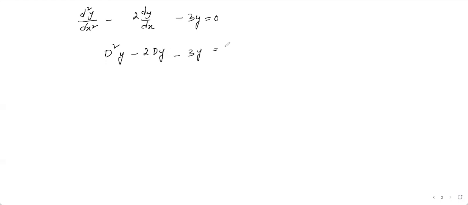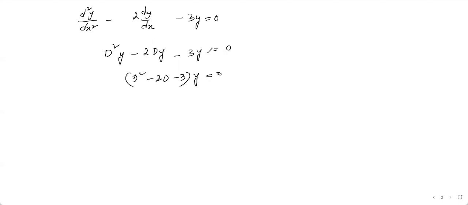Let us solve the differential equation d square y by dx square minus 2 dy by dx minus 3y is equal to 0. Now the given equation can be written as D square y minus 2 Dy minus 3y is equal to 0, or D square minus 2D minus 3 into y is equal to 0.